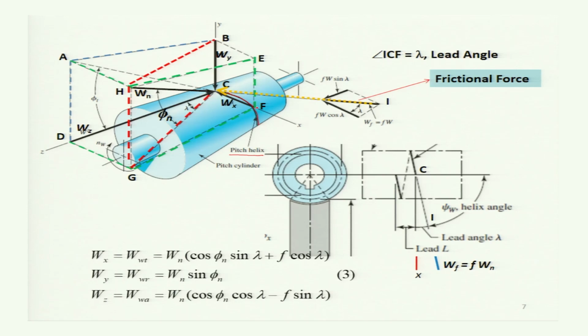This x-axis is perpendicular to the axis of rotation, and it is the tangential direction of the worm. So we have a line perpendicular to the axis of rotation and a line CI which is tangent to the thread. The angle between these two lines is called the lead angle, and that is shown here.